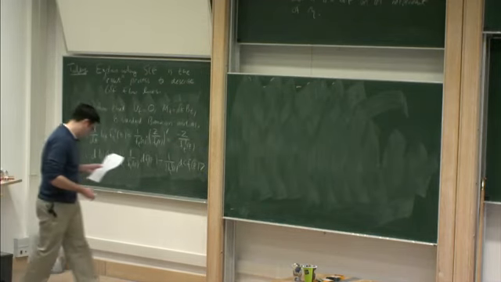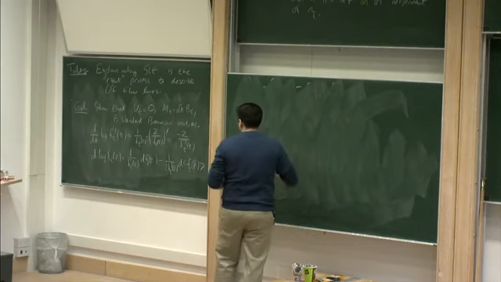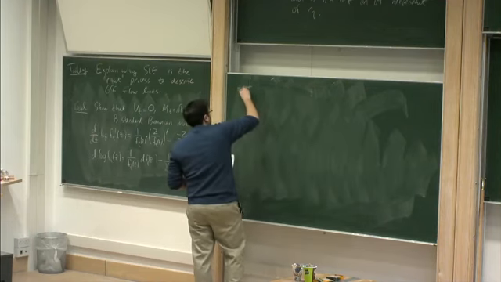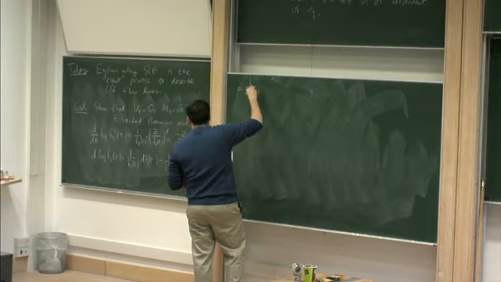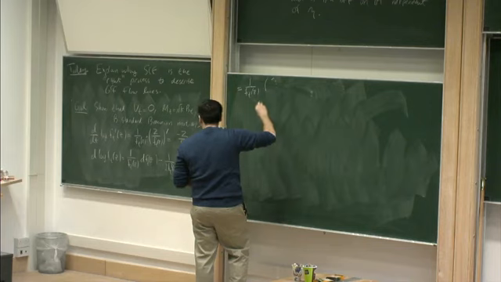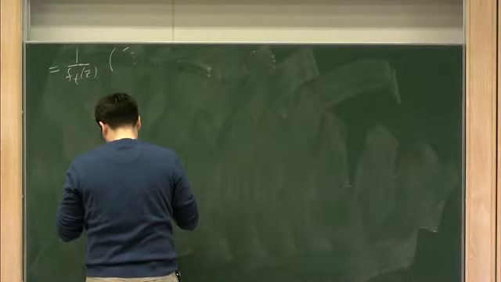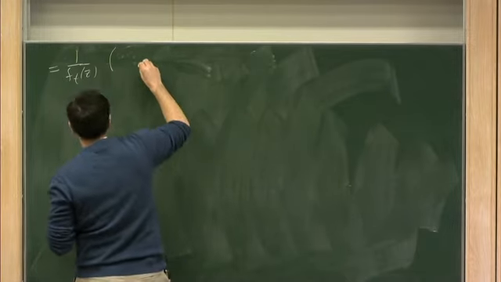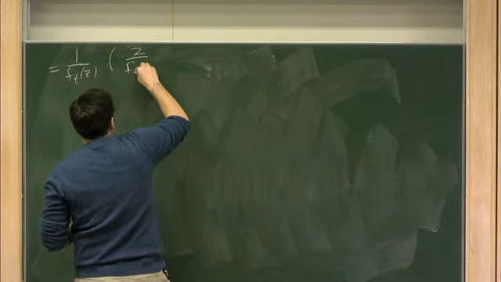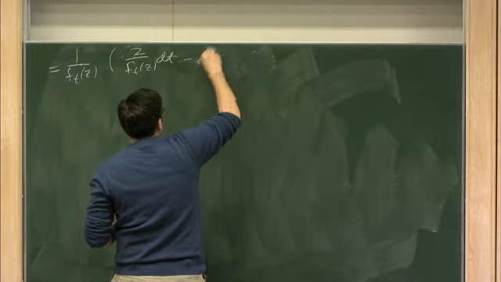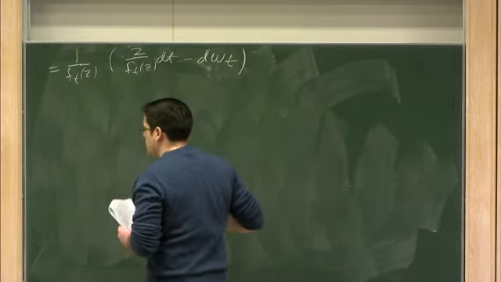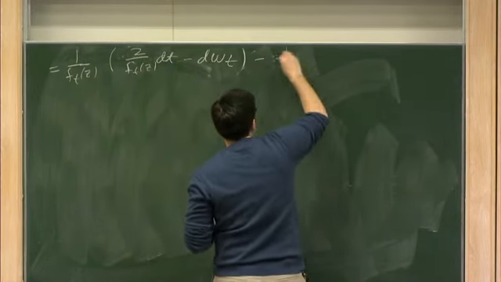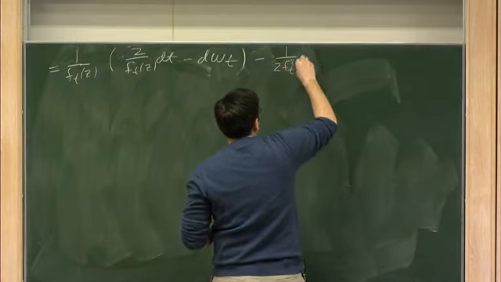Let's just expand this. So you have 1 over ft of z, and then you have dft of z, and this is 2 over ft of z dt minus dwt. That's the first term. And for the second term, we have minus 1 over 2 ft squared of z.